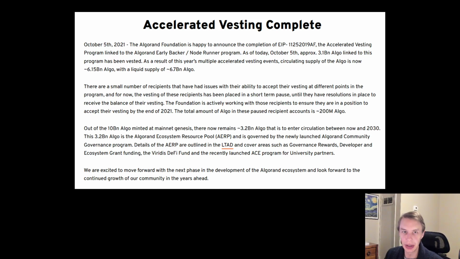Basically, they agreed to delay that to help slow down inflation of Algorand, but in return, there was a program put in place that if the 30-day moving average of the Algorand price got above its prior all-time high, it would trigger accelerated vesting, where those early investors would get a chunk of that delayed vesting moved up, so they get those tokens more quickly than they would normally if the price of Algorand hadn't been setting those all-time highs on the 30-day average basis.